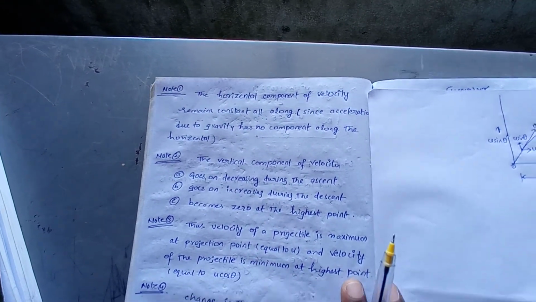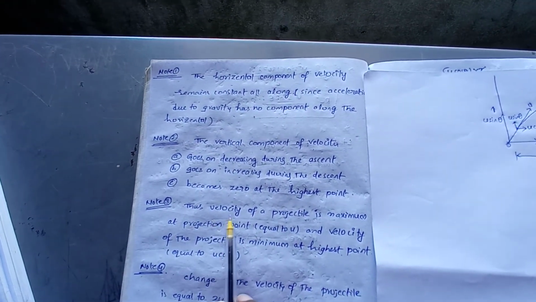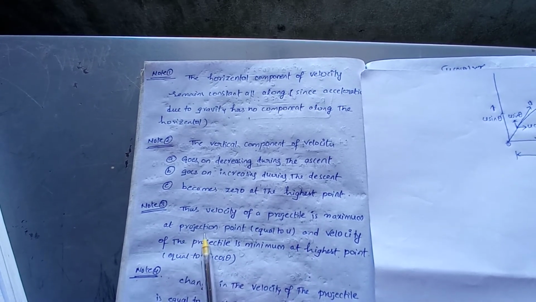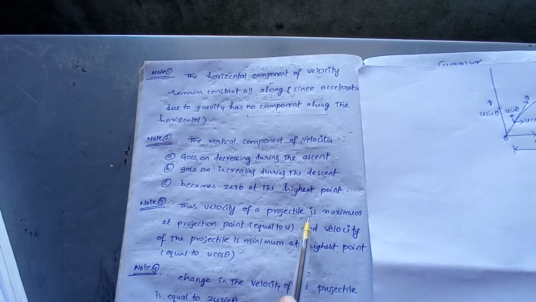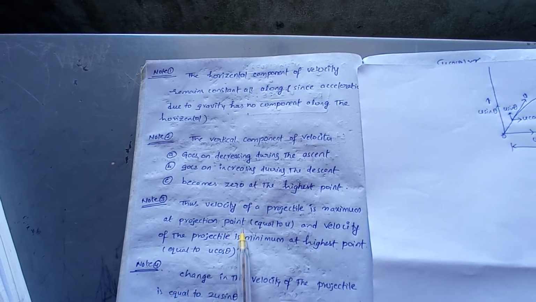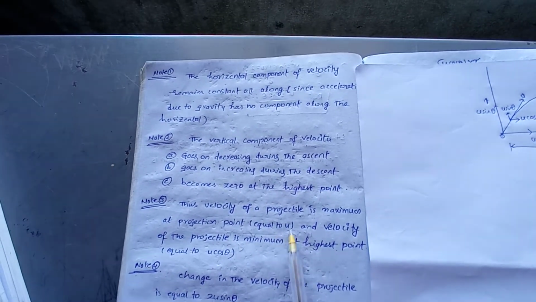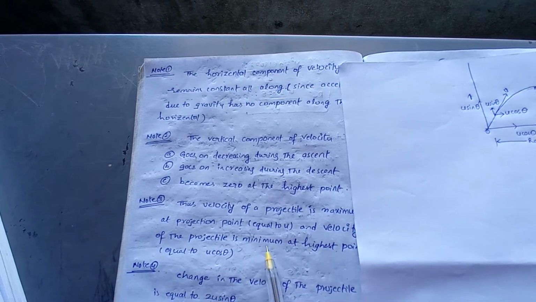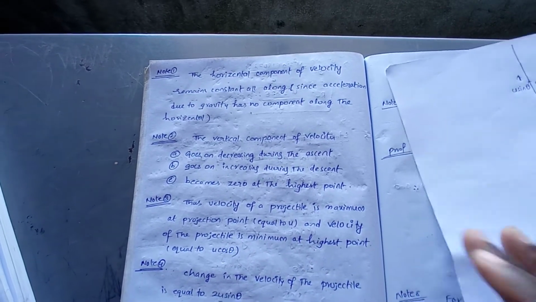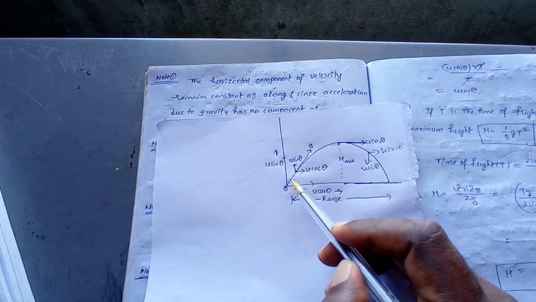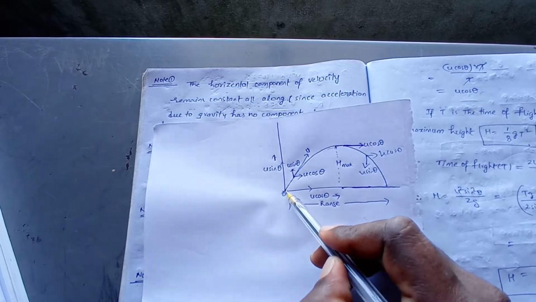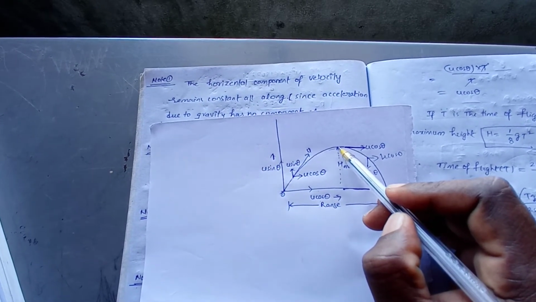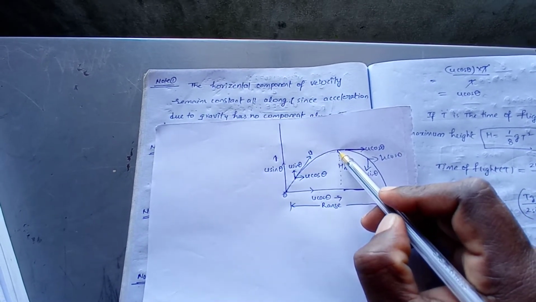Next, the third point is the velocity of a projectile is maximum at the projection point, equal to u, and the velocity of the projectile is minimum at the highest point. The projection point is the initial point, it has maximum velocity. It has minimum velocity at the highest point.